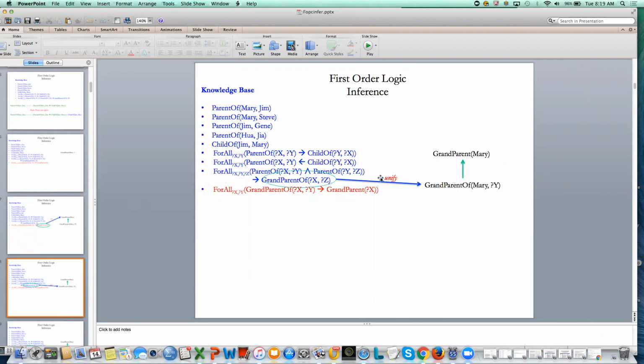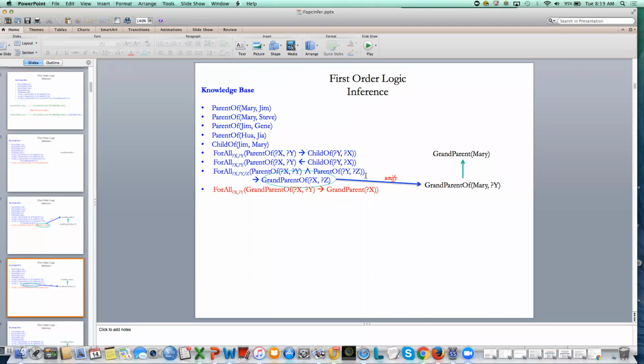So X is bound to Mary in this case, and Y is going to be bound to Z. The order of substitutions, when you have two variables like this, is really arbitrary as long as you are consistent in the rule.